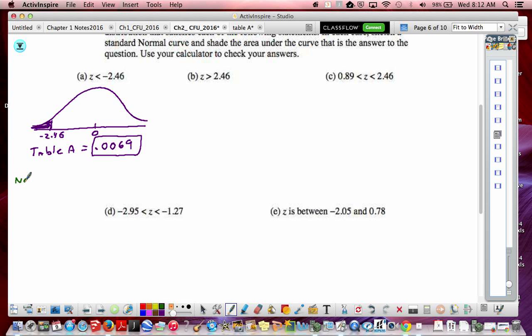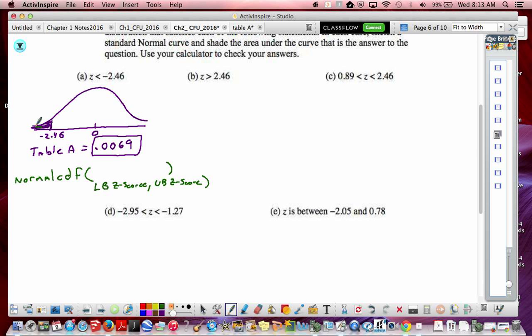Now, to show you how to do this on your calculator, you have this function called normal CDF. And if you remember today in class, normal CDF stands for cumulative distribution function. So I want to accumulate or add up this entire area. In order for you to do this, you have to type in a lower bound z-score followed by an upper bound z-score. So that's what goes inside the parentheses here.